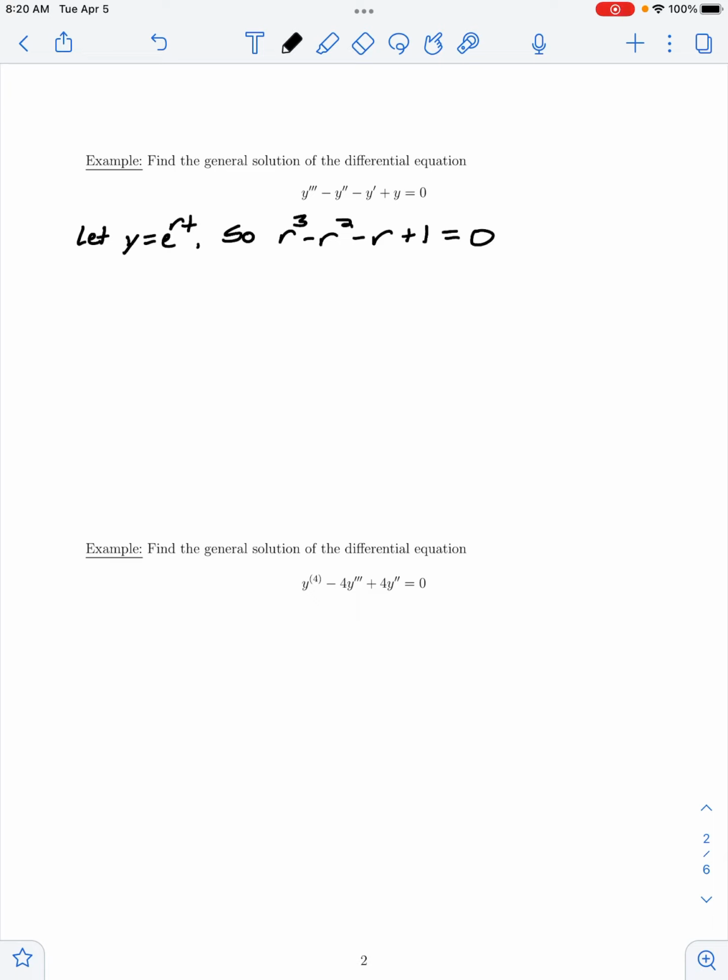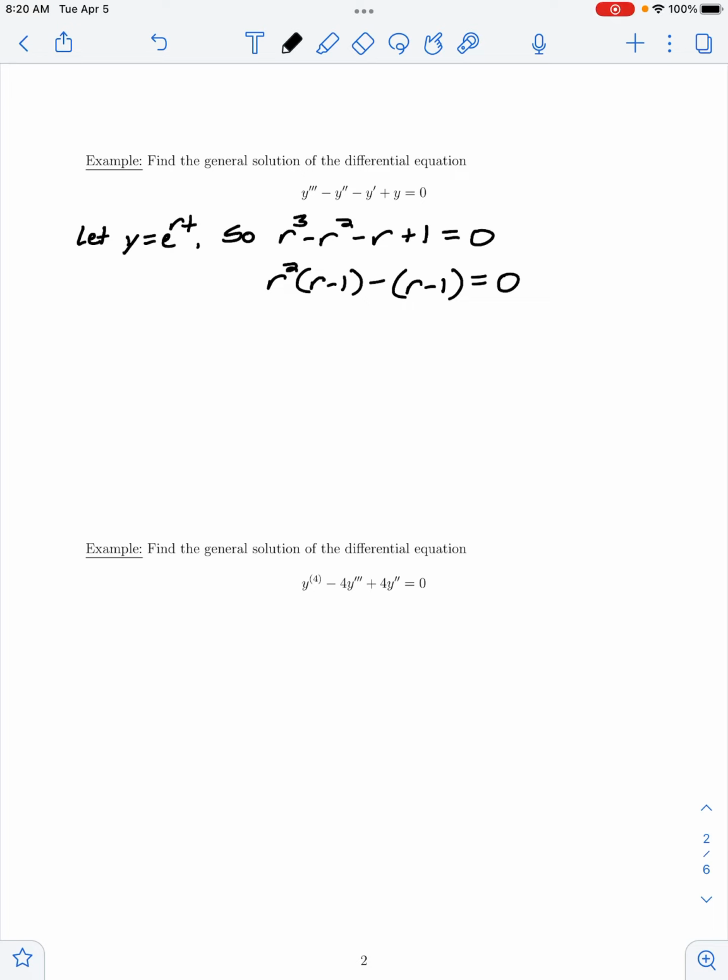And we now need to find the roots of this cubic. From my first two terms, I could factor out an r squared, which would leave me r minus 1. And then from my last two terms, if I factor out a negative, I would be left with r minus 1. This needs to equal 0.